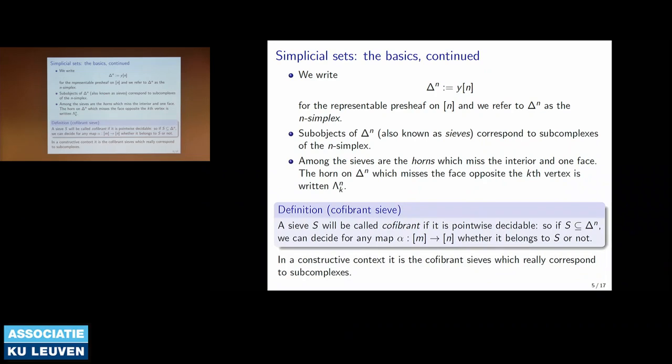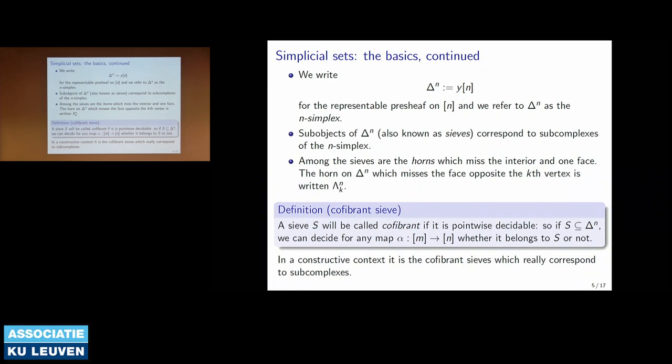Now we would like to think of the subobjects of delta n as subcomplexes of the n-simplex. But if we think about this more constructively, then that is not so clear. What we should be focusing on are the sieves, or subcomplexes, for which the question whether or not a certain vertex or a certain face belongs to the subcomplex is decidable, which is not generally the case in a constructive metatheory.